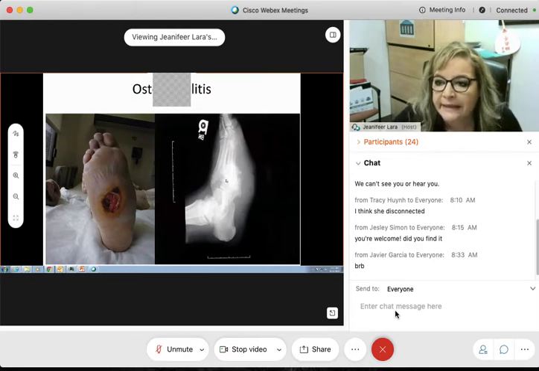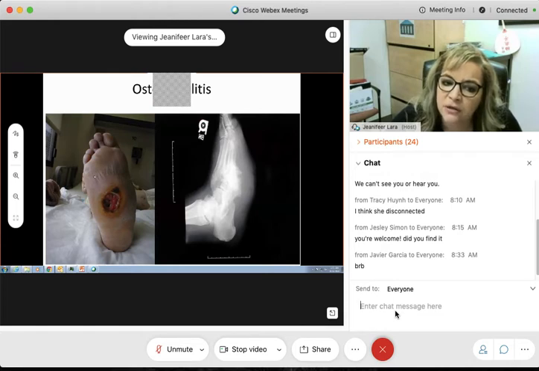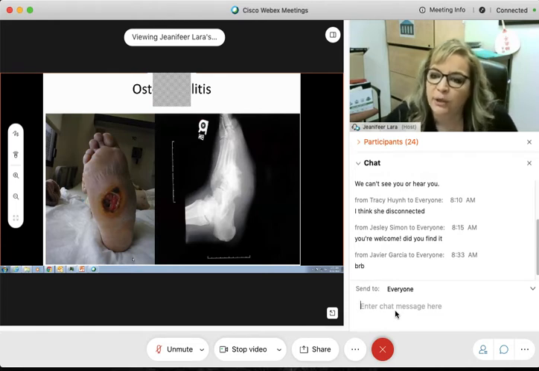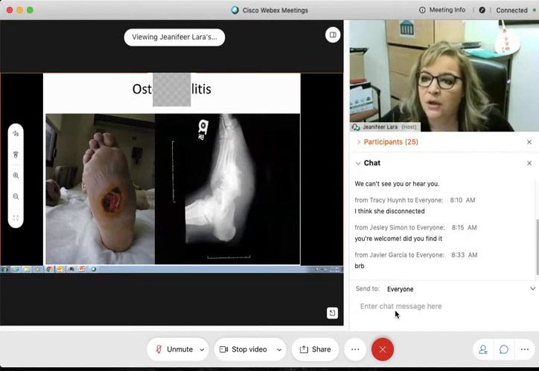This infection is eating away at the bone, okay? And it can start looking like this. So if you bring a patient back and they have a diabetic foot ulcer, many times people will go into amputation to stop it, okay?